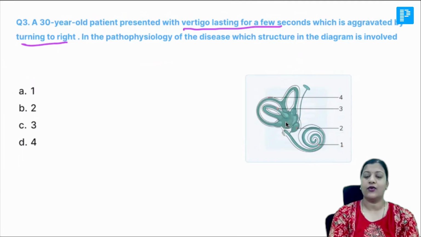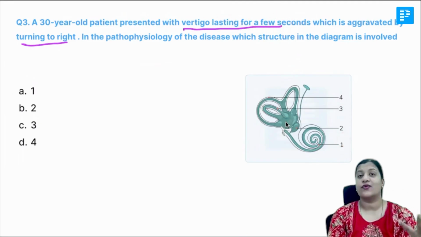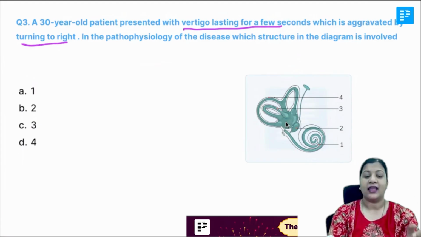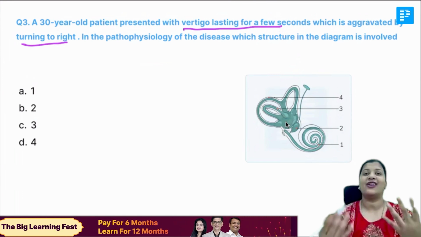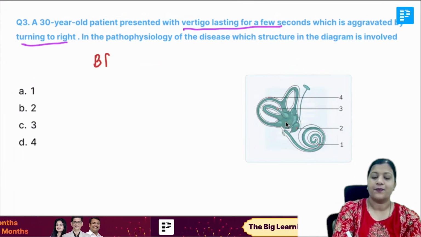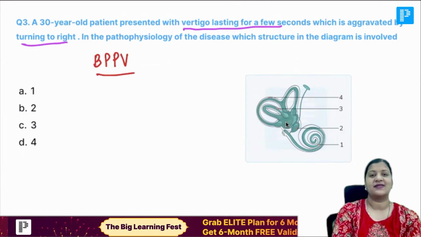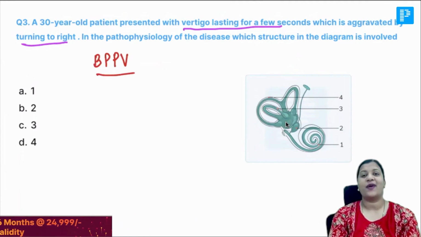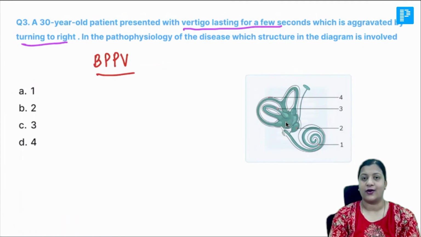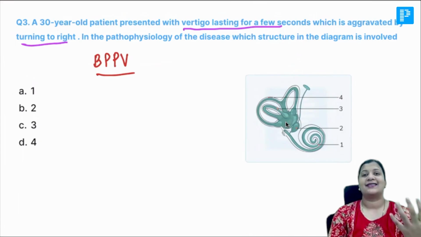Vertigo lasting for a few seconds is BPPV. They have told you it aggravates on sleeping to the right side, further confirming the diagnosis of benign paroxysmal positional vertigo. In benign paroxysmal positional vertigo, what is the canal that is most commonly involved?